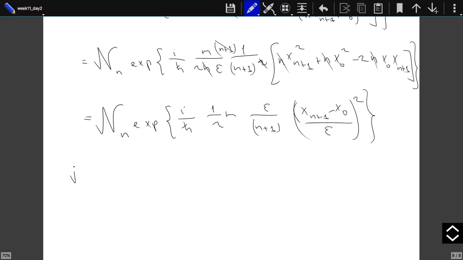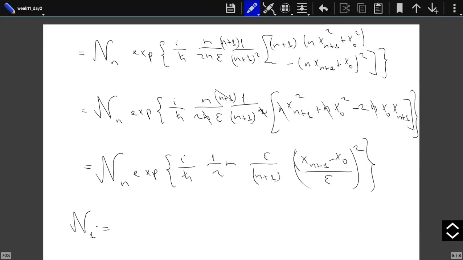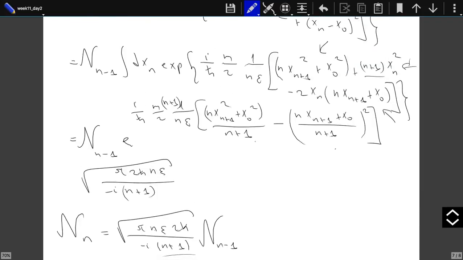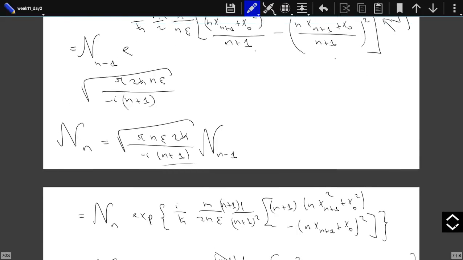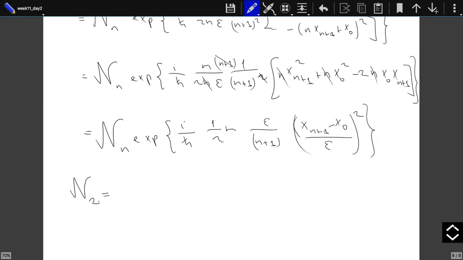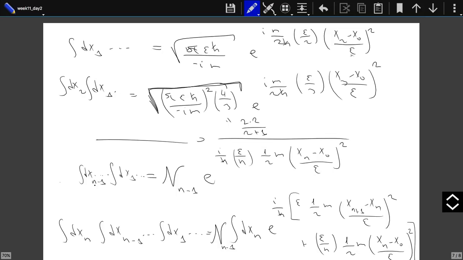And let's see, N1, no, N2. I know what N1 is. Remember, after the x_{n-1} integral, the n equals 2 case gives me the x1 integration, that is the N1.